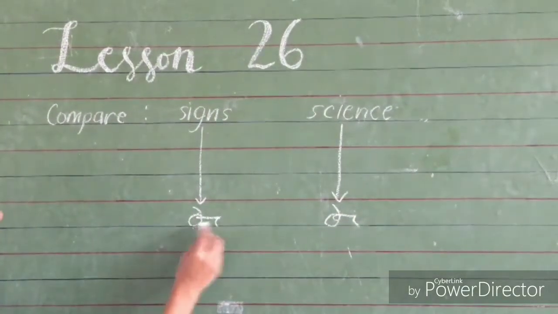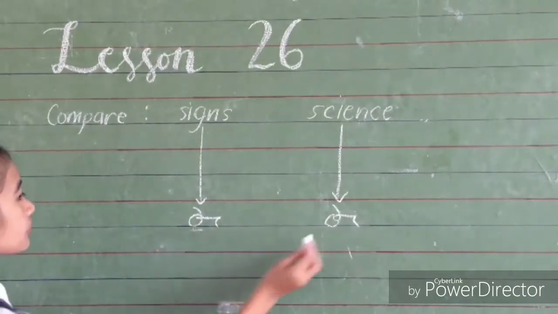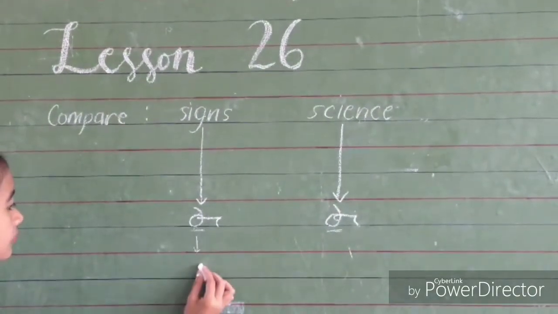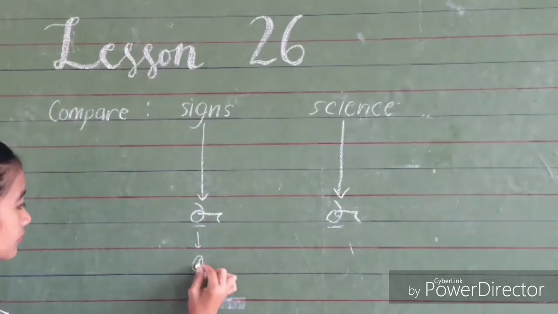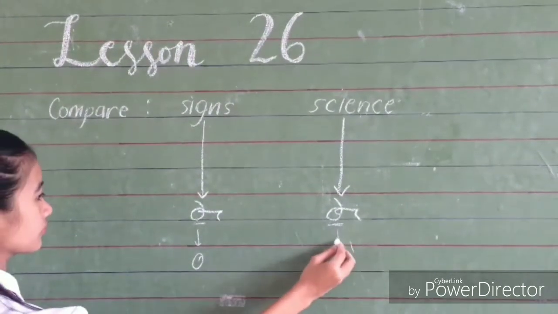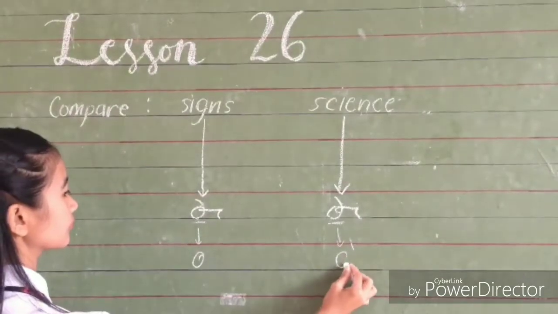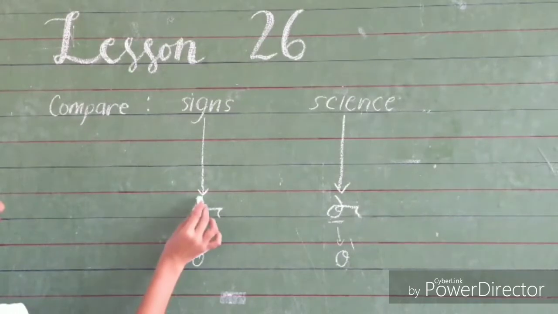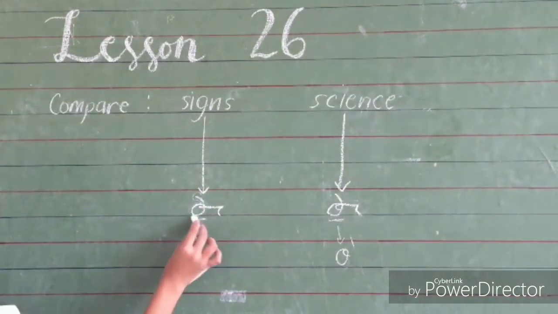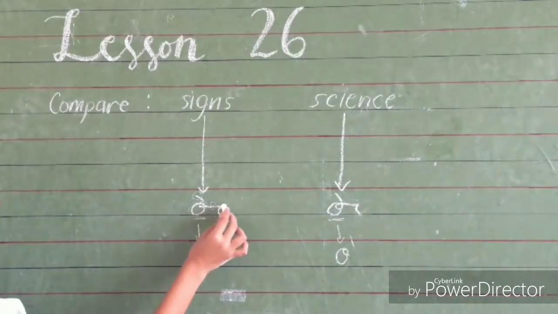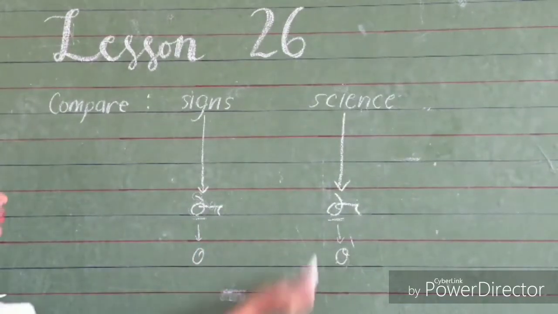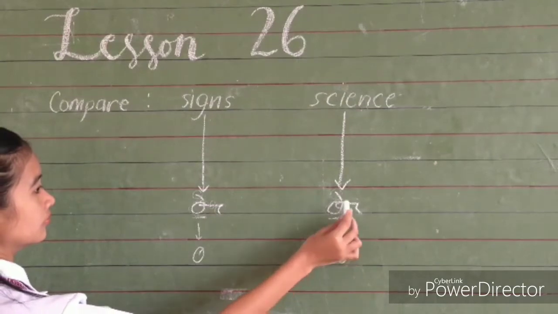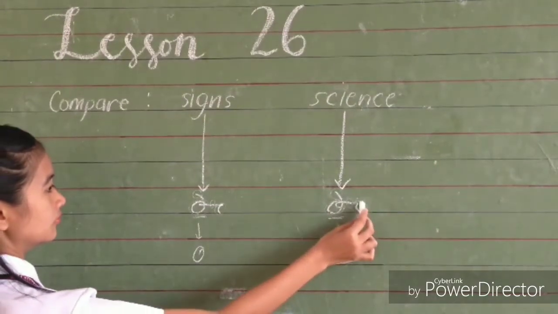So as we can see, there's a big difference between the two I, wherein the first I is represented by a broken circle. However, the other I is represented by a small circle within a large circle. Science is represented by letter S, broken letter I, N, and S. And for science, S, I, N, and S.